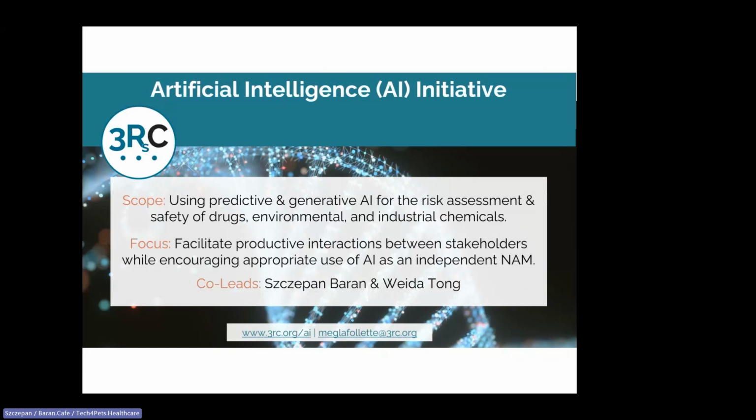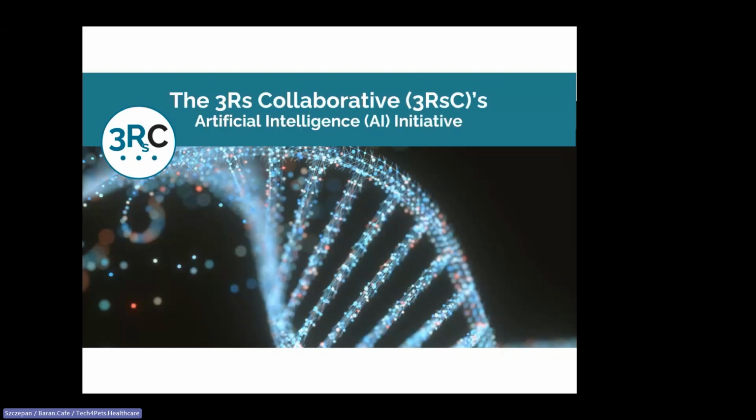And that was one of the main reasons for this group to come together to learn how this technology is being implemented and educate across different industries. Our focus is really to facilitate productive interactions between different stakeholders. So again, a lot of aspects, as we know, happen in silos. So we bring everybody together. And I've been very fortunate to be able to co-lead this with Wade Atong, who is here and is going to introduce himself in a little bit.